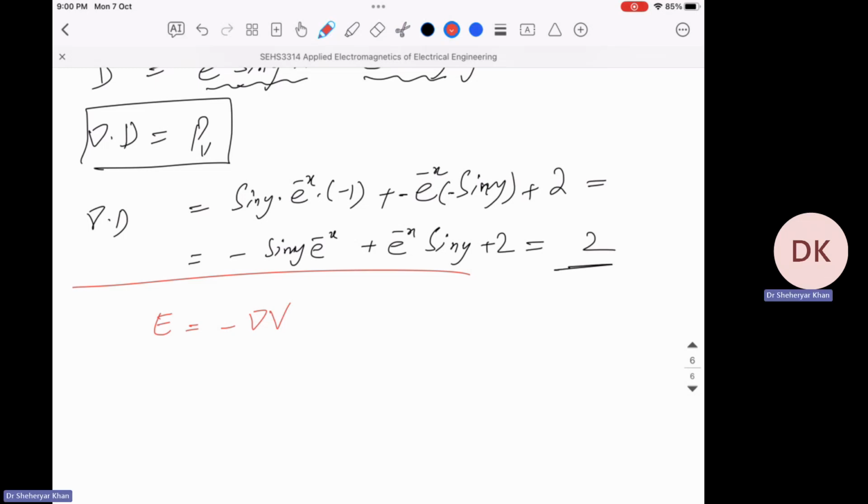If you know the voltage, take the derivative, multiply with the minus one, you get E. This is the gradient, right? It's three dimensional, so x derivative, y and z derivative, correct? But this is only one dimension, so it's easier. Just take the x derivative.